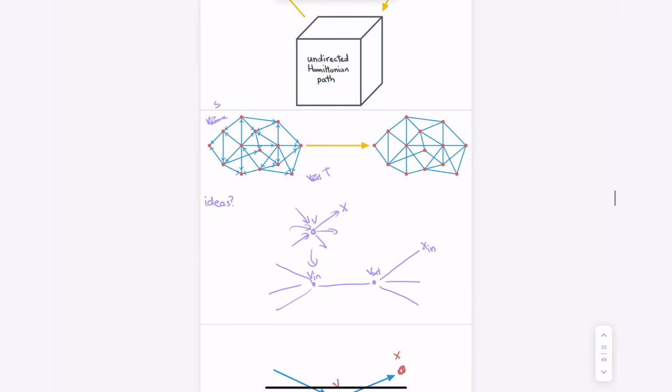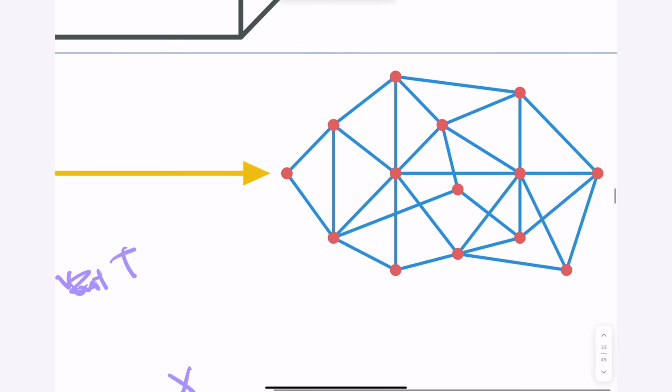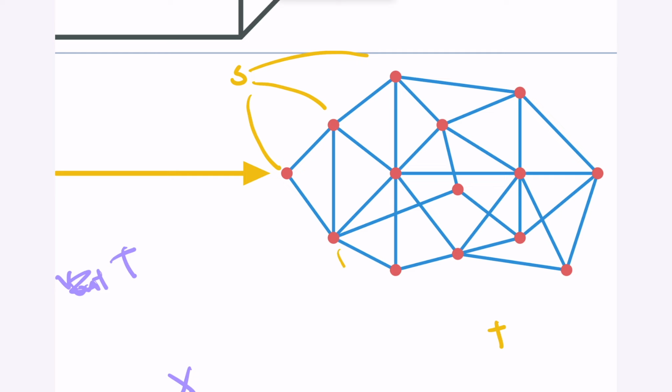Yeah. So if I imagine this was the undirected graph that we made, the suggestion was maybe we can add a source vertex and a sink vertex. The source will be connected to everyone. Will this work? We should be careful. And the sink will be connected to everyone.